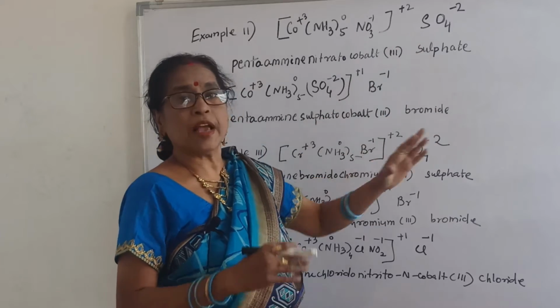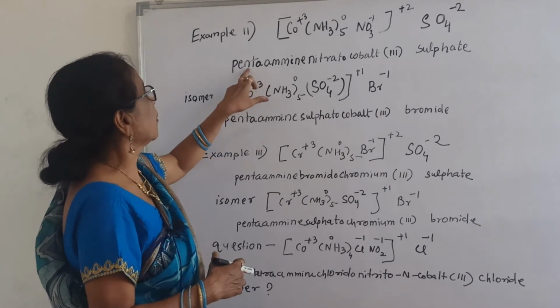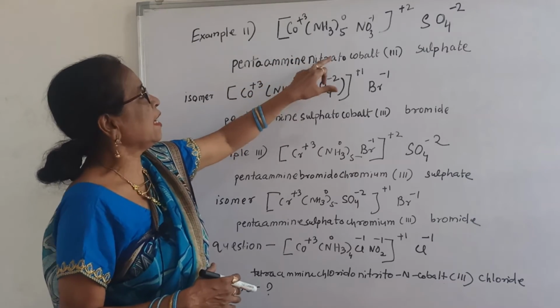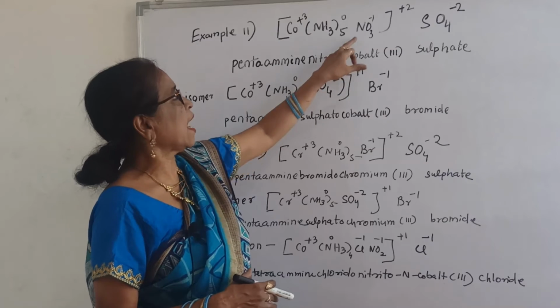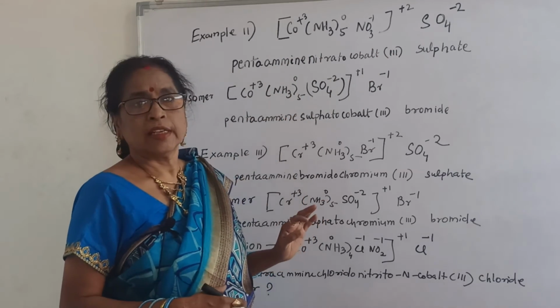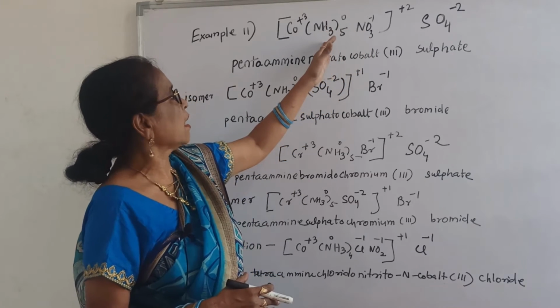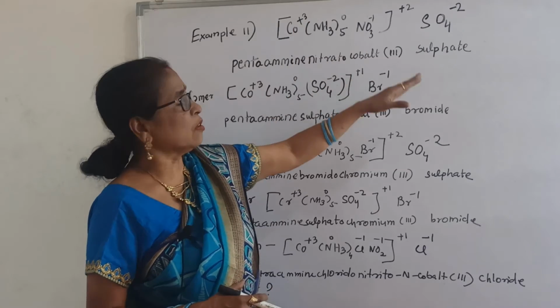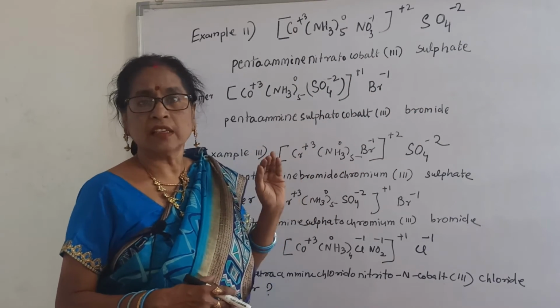It will give the acid radical test of sulfate. Now what is the name? Pentamine nitrato cobalt 3 sulfate. That means inside are nitrato and ammonia molecules, and outside the sulfate ion, which gives the sulfate test.